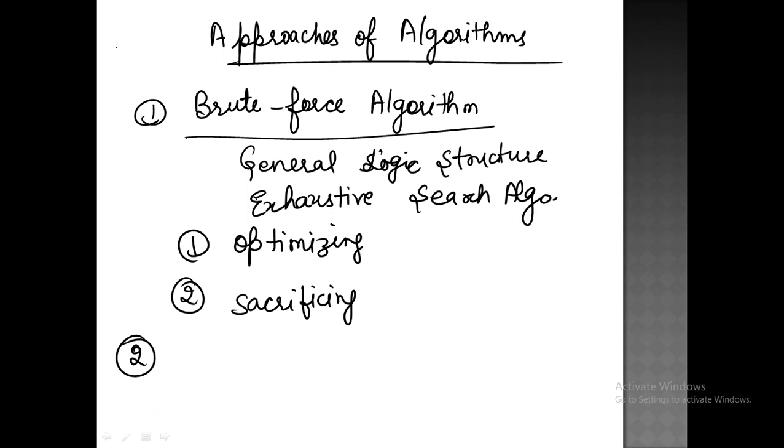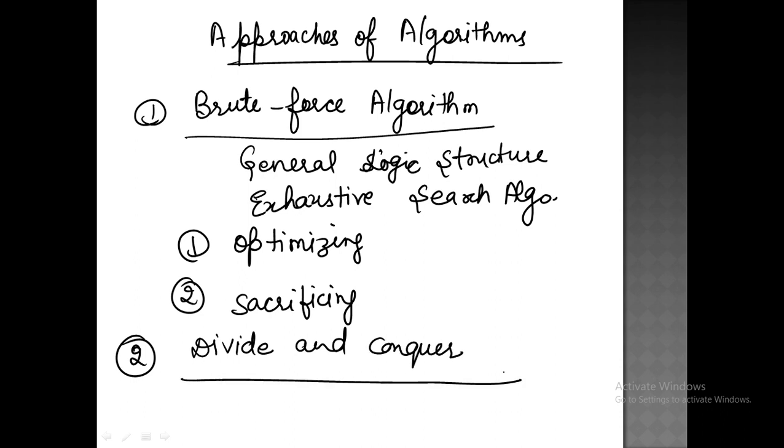Second approach, we can use divide and conquer. In divide and conquer, we can say that it's a very simple implementation of an algorithm. It allows us to design an algorithm in a step-by-step variation.